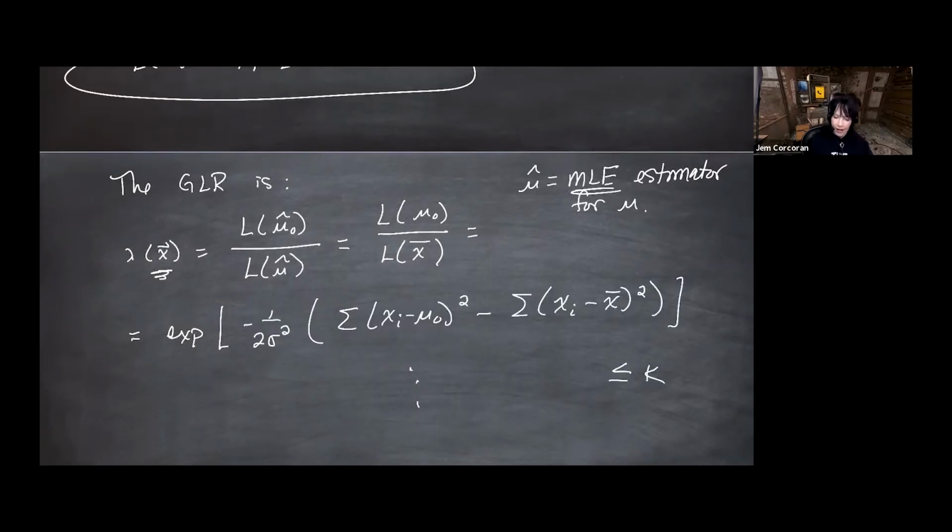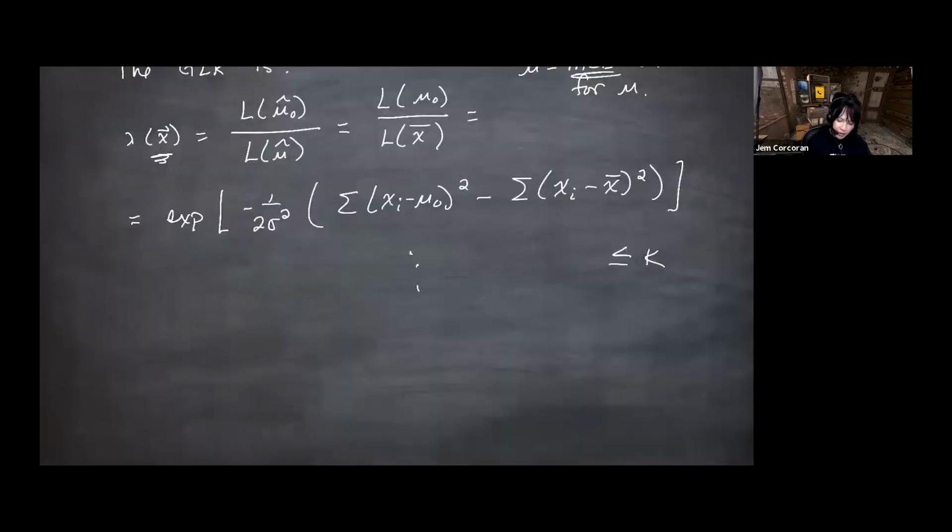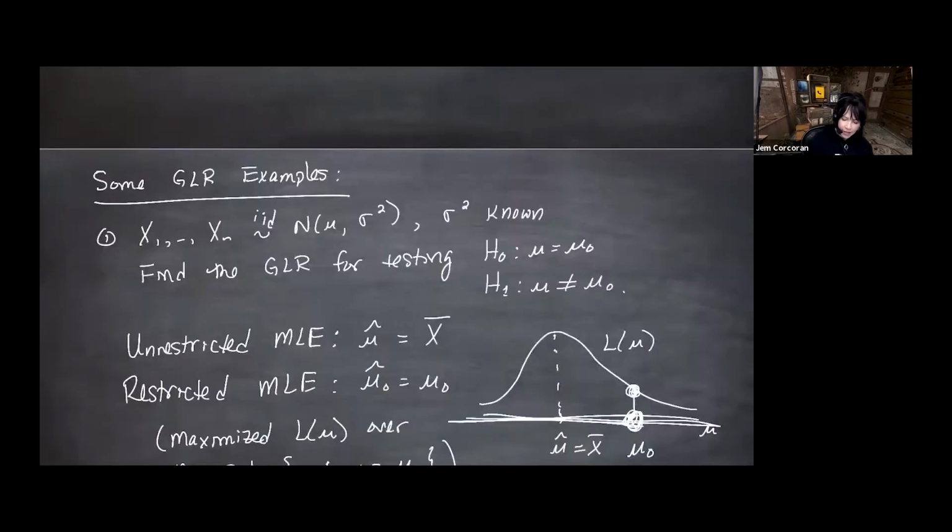Okay, my second GLR example. Suppose I have x1 through xn. Again, I'm not really concerning myself with the tests right now, just the setup for the test. Normal mu, sigma squared, and still sigma squared known.